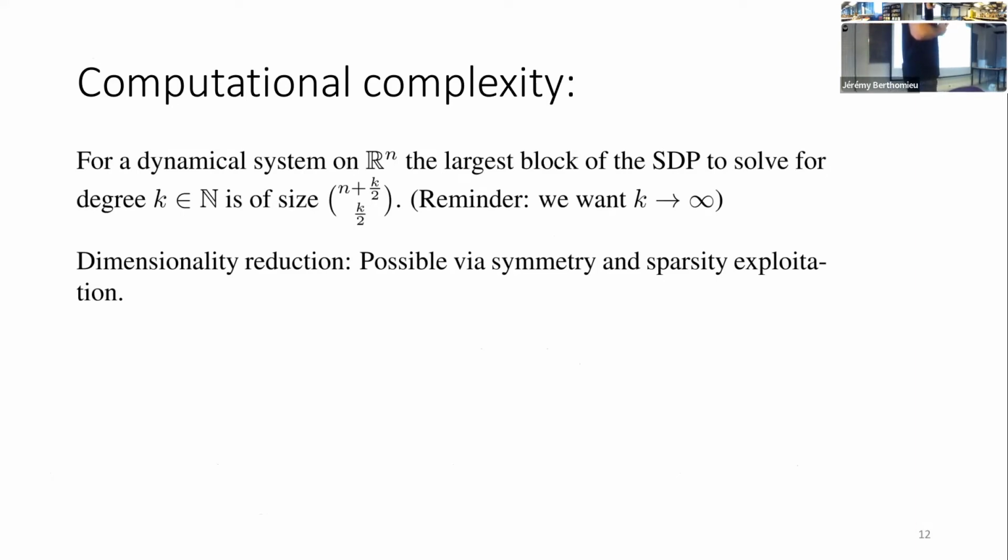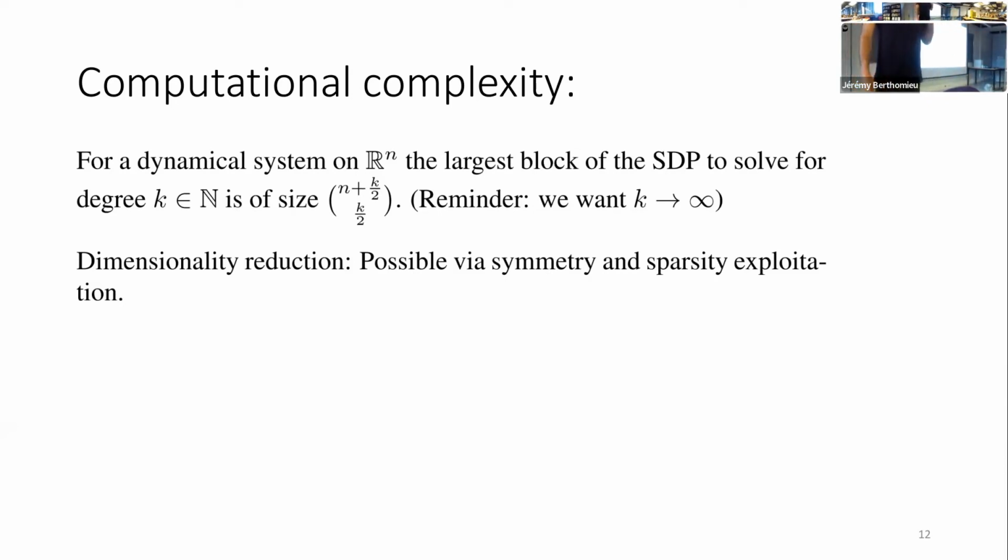That means we arrive at the hierarchy of semidefinite programs, and the largest block that appears has size (n+k/2 choose k/2), where k is the degree and n is the dimension of my state space, where this box is living. And in order to get convergence, this result only holds asymptotically. We cannot expect finite convergence. The degree has to go to infinity, and this scales very badly.